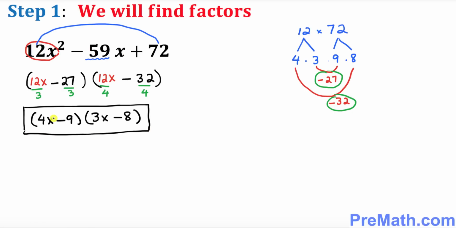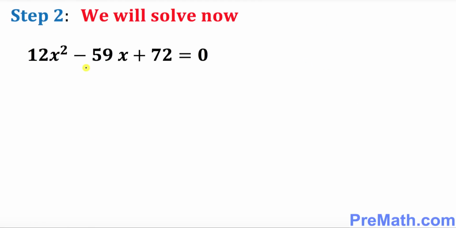These are our factors. Now in the second step, we are going to solve this quadratic equation. In order to solve, we must set it equal to 0. In the previous step, we already found our factors. Do you recall those two factors?